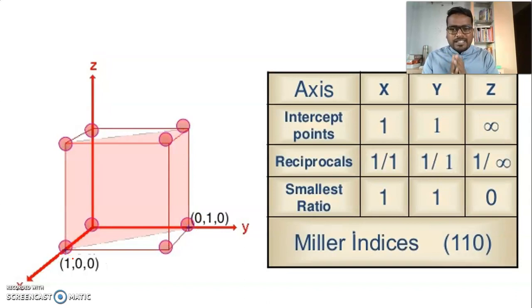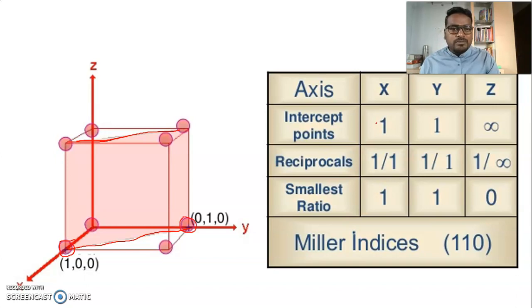Let us consider another example. Observe this plane, dear students, which passes through the body. In symmetry we discussed the diagonal plane of symmetry and the rectangular plane of symmetry. So this is a diagonal plane of symmetry. In this case, the plane intersects both the x axis and the y axis.